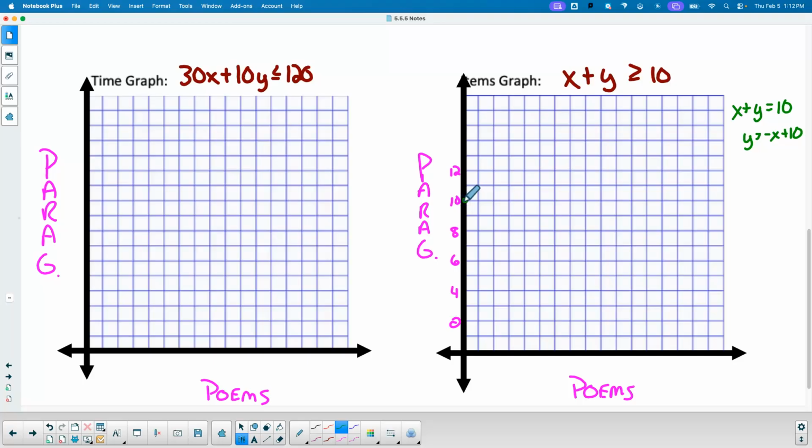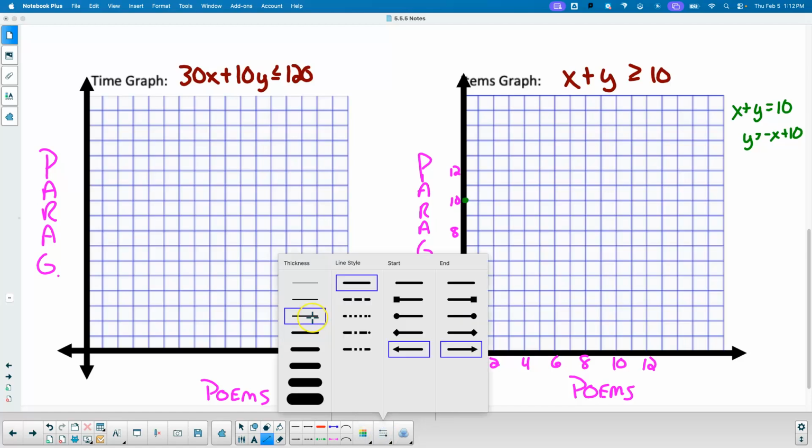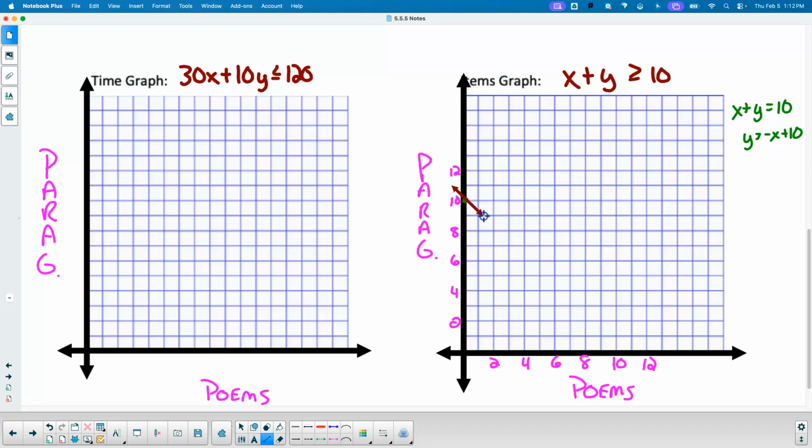And a slope of negative 1. Gets me right like that. Yes? Solid line or dashed line? Solid line. Yep, solid line.